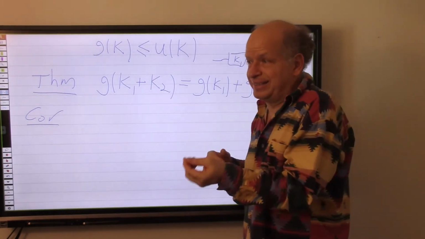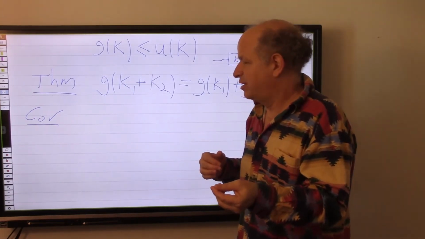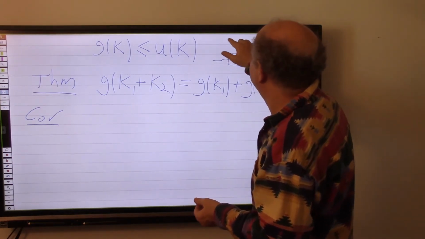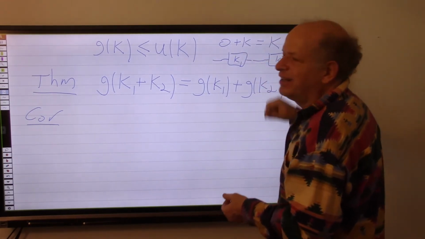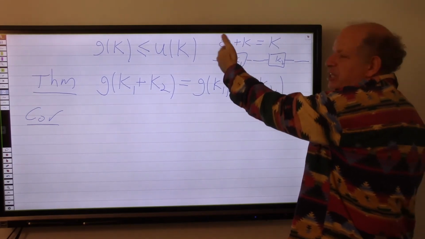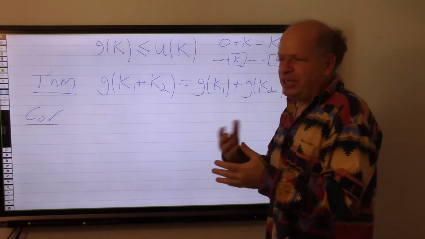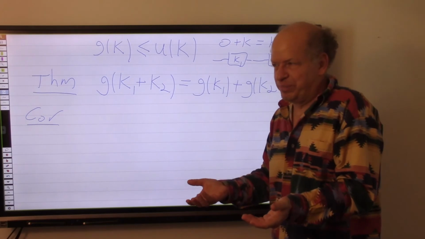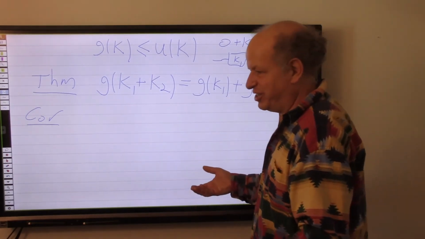It clearly has an identity, namely the unknot is the identity. Said in formulas, 0 plus K is equal to K, and 0 is both the 0 of the group and the picture of an unknot. Maybe if it had inverses, it would be a group, but unfortunately there are no inverses.